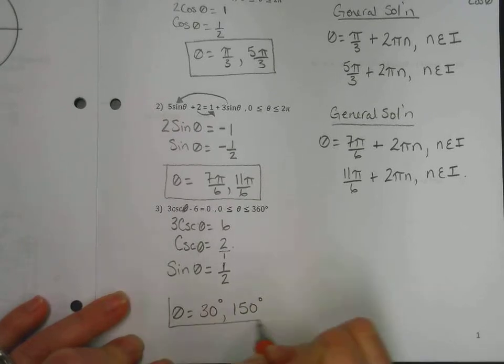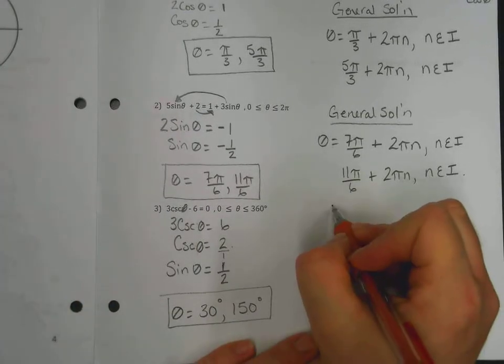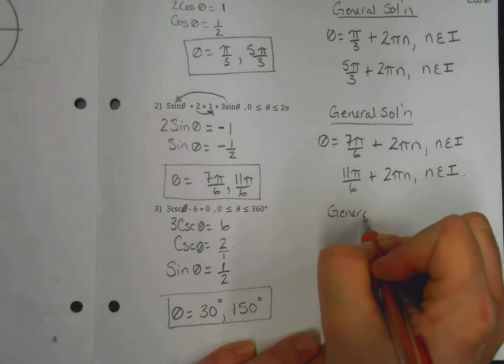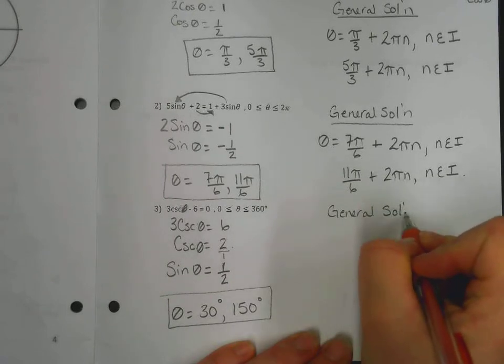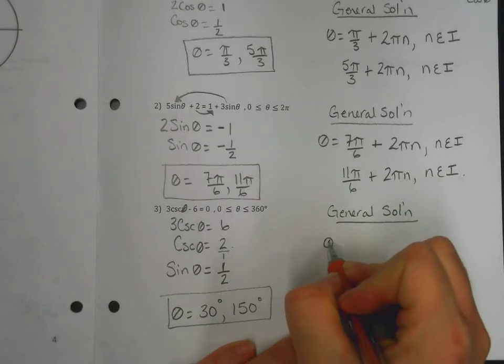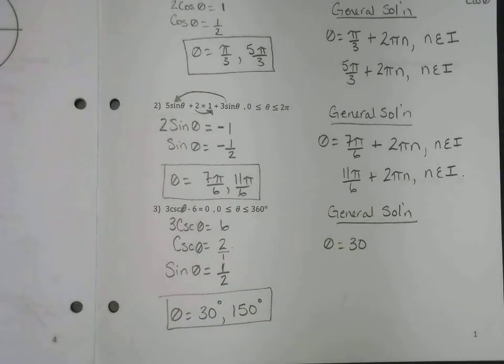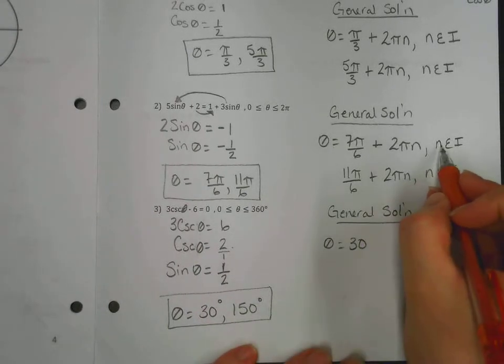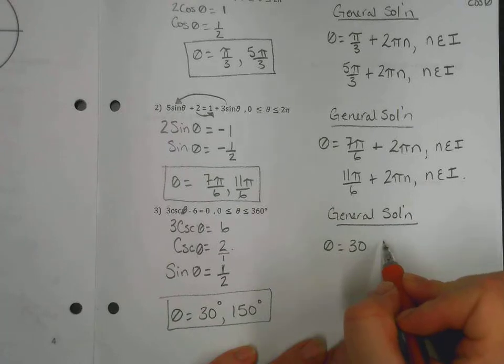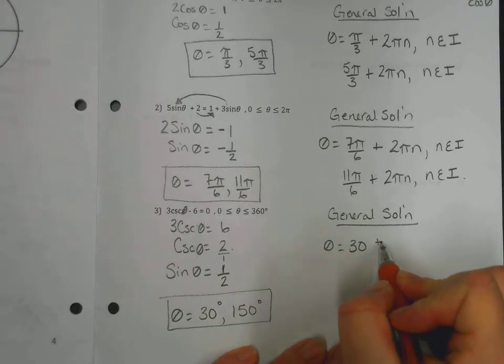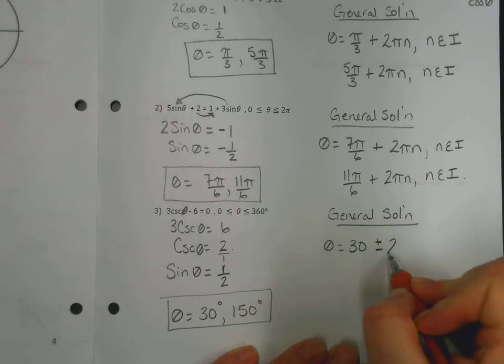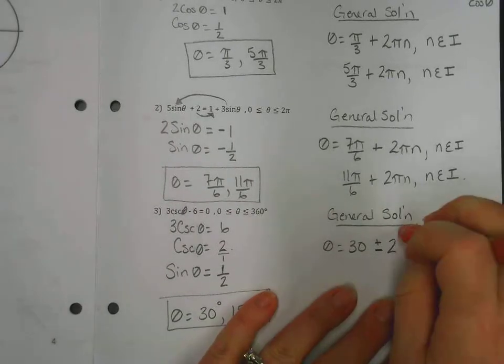And then if we talk about that general solution again, theta is going to equal 30. I'm going to write it a little bit differently now because you should recognize both ways it can be written. Rather than n belonging to the integers, instead of adding 2 pi n, we can say we could add or subtract. And we don't want to add 2 pi's because we're working in degrees.